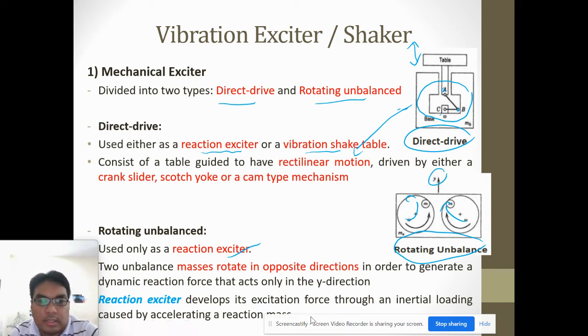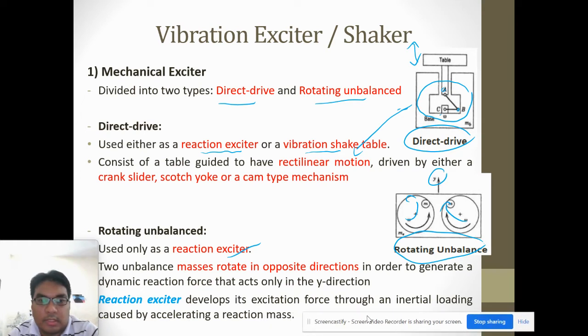The reaction exciter develops its exciting force through an inertial loading caused by accelerating the reaction mass. It is basically the typical F equals ma, where we have a reaction mass and also acceleration that can generate the force. So this is one of the examples used in your project, where you want to excite the beam using this rotating unbalance motor.